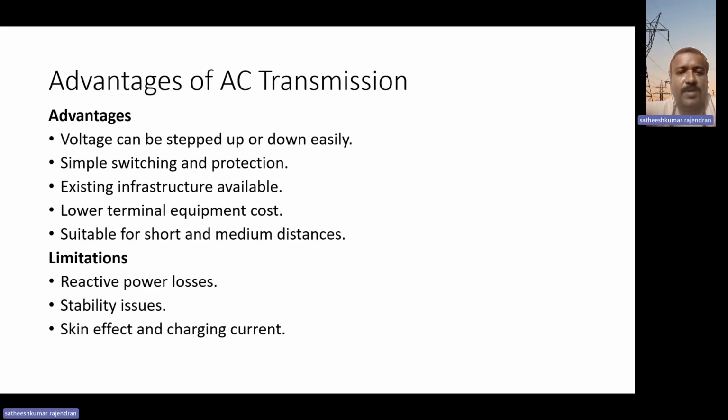It is very much suitable for short and medium distances, so we can easily transmit over short and medium distances at the level of voltage up to 765 kilovolt. The limitations are reactive power losses, stability issues, skin effect and charging currents.